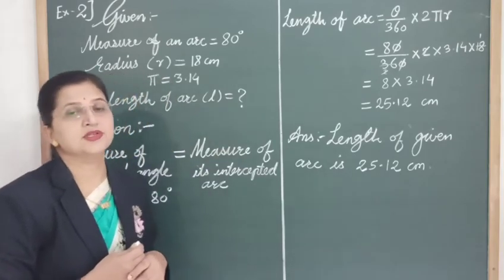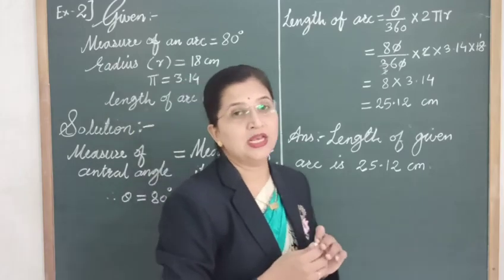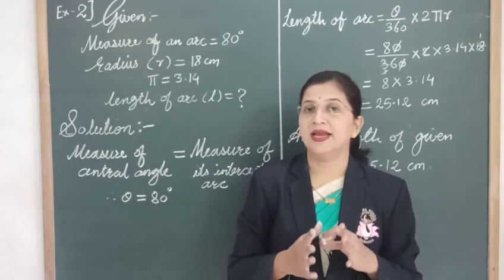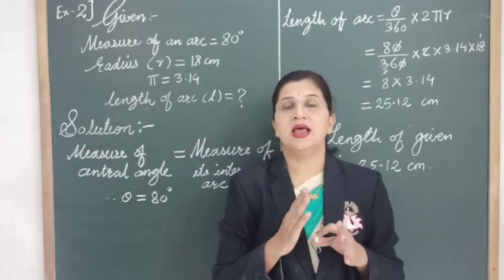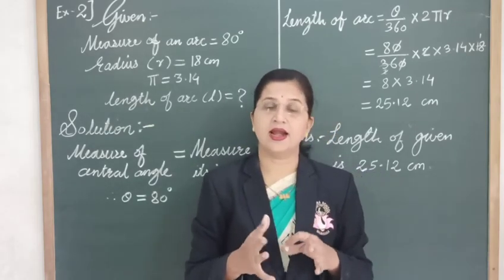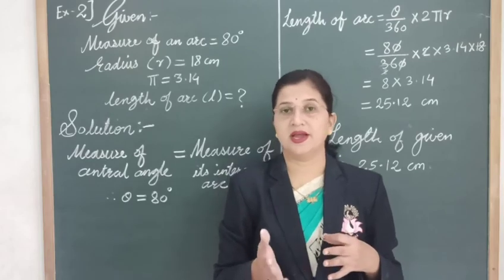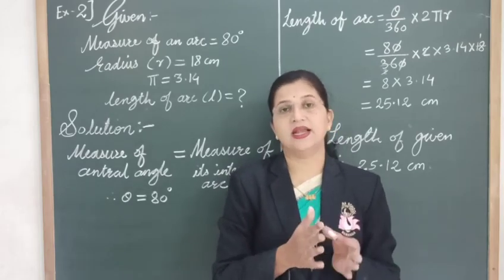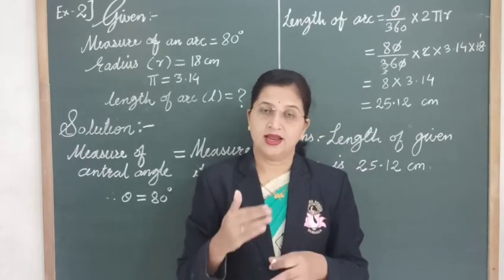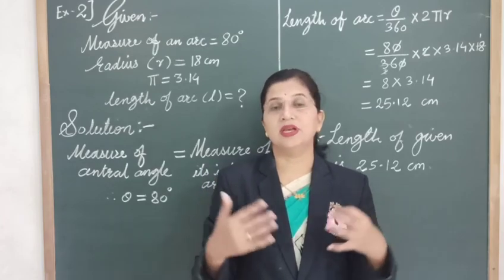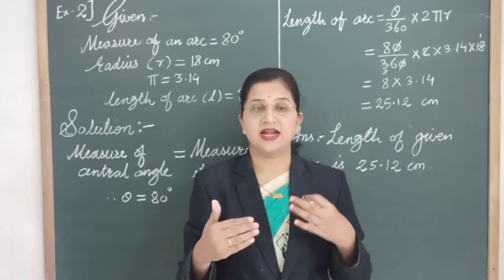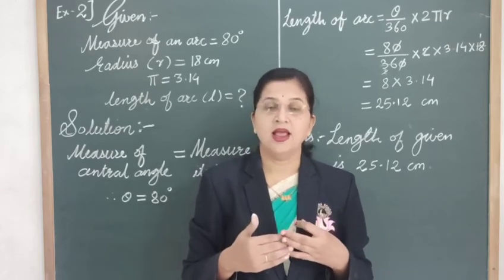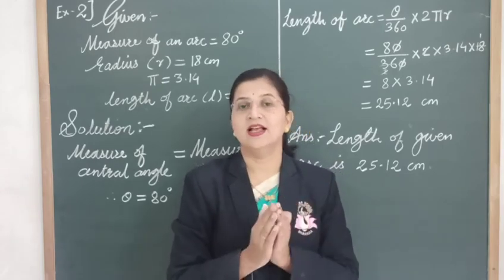Okay, so dear students, in this video we learned what is meant by a sector of a circle, then what is meant by the length of an arc, and how to find the area of a sector and the length of an arc. And in the same way we have learned the relation between the area of a sector and the length of an arc. Okay, I hope all these things are clear to you.